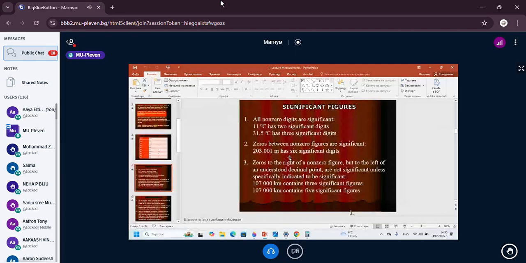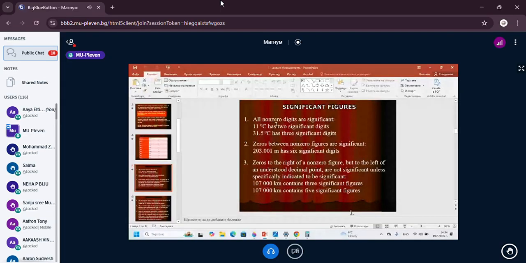Rule 3, zeros to the right of a non-zero figure but to the left of an understood decimal point are never significant. Which means that we've got a 0 between 1 and 7.